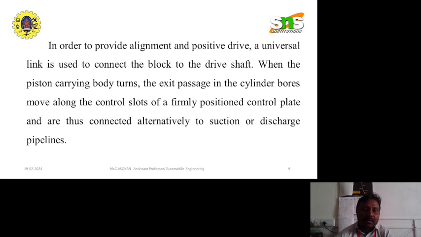When the piston carrying body turns, the exit passages in the cylinder bores move along the control slots of a fixedly positioned control plate, and are thus connected alternately to the suction or discharge pipeline.